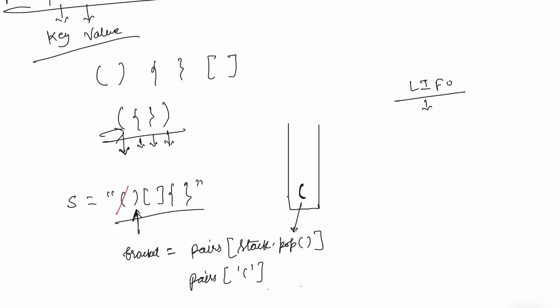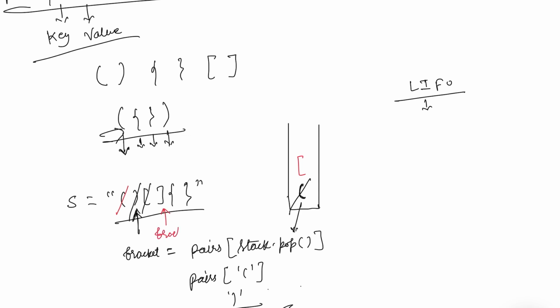So what will be its value? Its value will be this one, closing bracket, and here bracket is also closing bracket. So that means we have to continue and we have to pop this one. Now again, next is opening bracket, we will push inside. Now we will check this bracket.